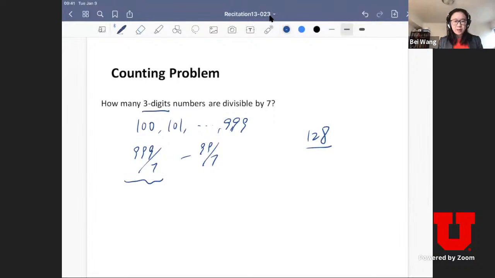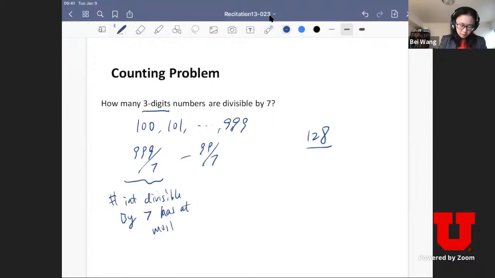So what this first number is, is the number of integers that are divisible by 7 that have at most 3 digits.